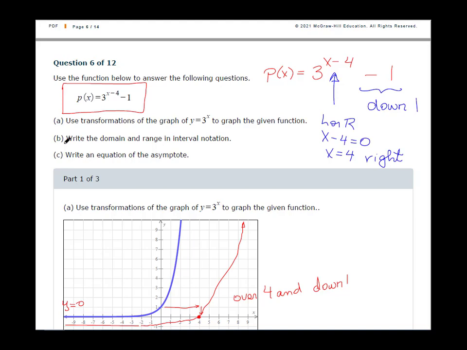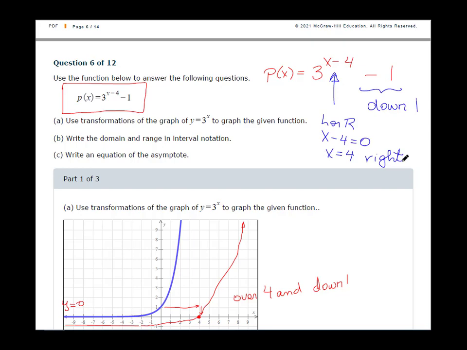Question 6. 3 to the x minus 4 minus 1. Alright, so the minus 1 on the end goes down by 1. The stuff that's here is a left or right. So x minus 4 is 0. So x is 4.